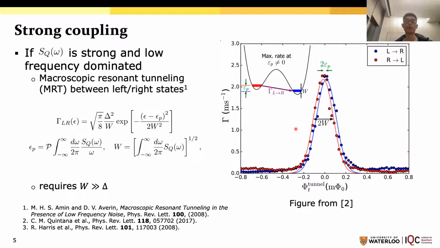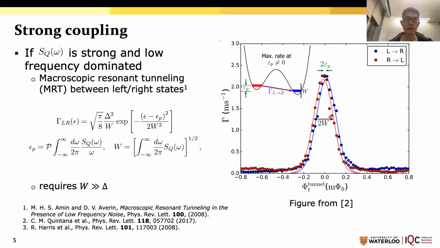And people have been using this measurement to determine the low frequency noise in quantum annealing systems, flux qubits in particular. This is a measurement that was performed by the Google team, where we see the transition rate being broadened, and there's a bias between the left-right and right-left transitions.